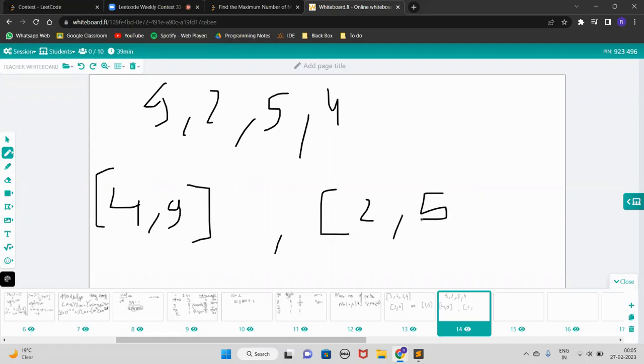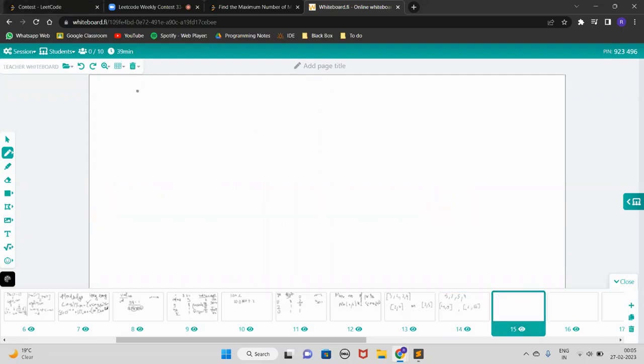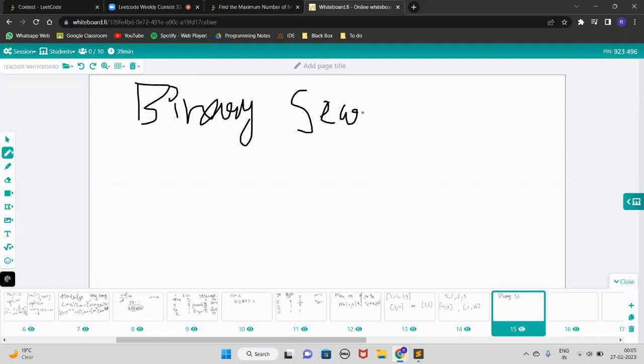Okay, so last time when we were discussing, I said that whenever we have to find the maximum of anything, a very good clue is to use binary search. Binary search works by using monotonicity of a function.